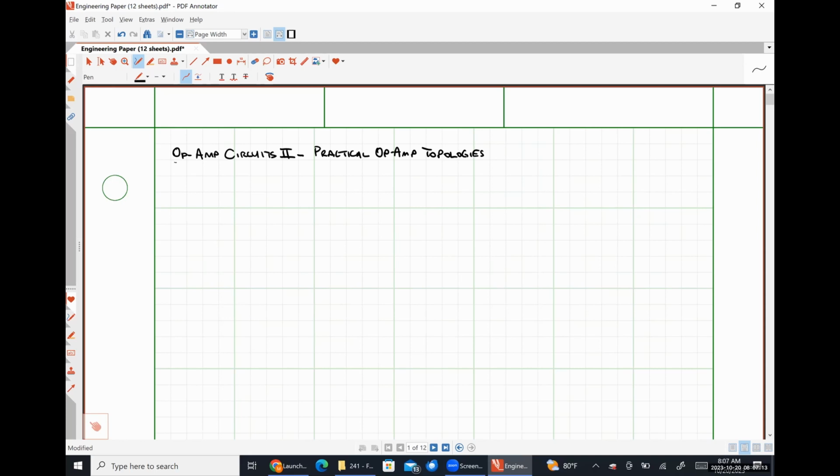So when we met on Wednesday, we discussed how to analyze an op-amp circuit, which is great because this class is about analysis. What we're going to be talking about today is how to actually use an op-amp to do things, which is a much more practical look at things, right?